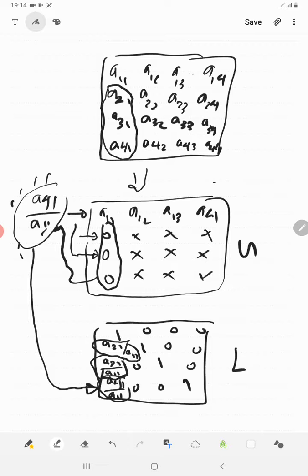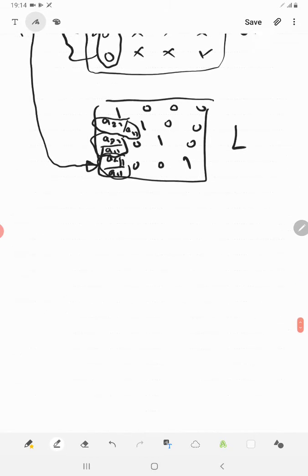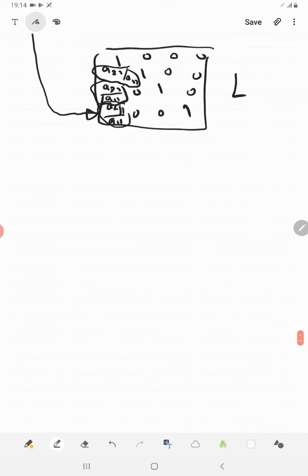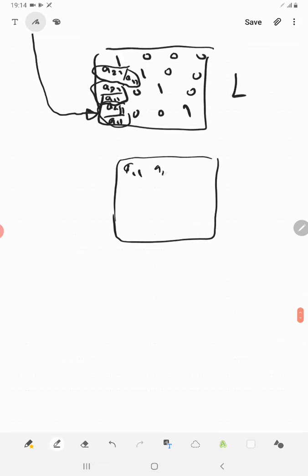That's the first step. When we come to the second step, what we have is A11, A12, A13, and A14, and we have 0, 0, 0 here, and X, X, X, X, X, X, X, X, X. In the second step, we want to eliminate these ones, make them zeros.